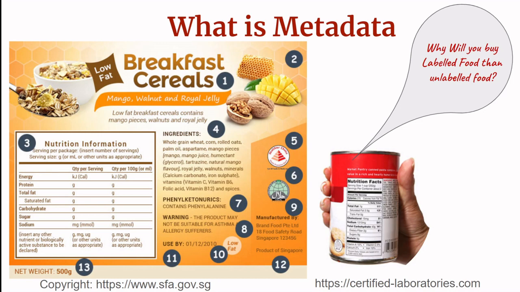Now let's talk about what a metadata is. So the label that you saw on the product, when we spread it or stretch it on a flat plane, is what we have here on our left, and then the label itself around the container looks like this on the right. Now the label gives us a couple of pieces of information.